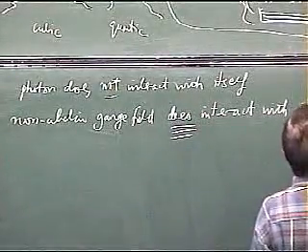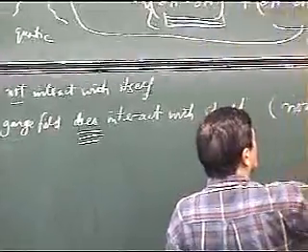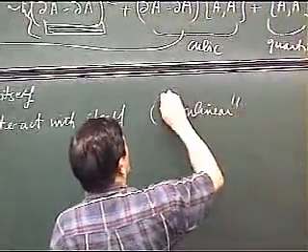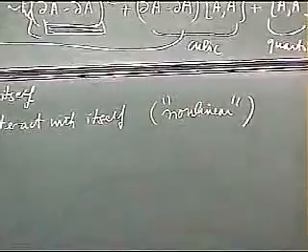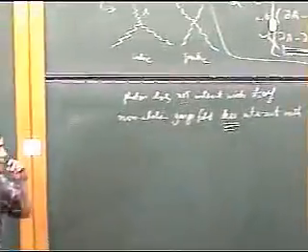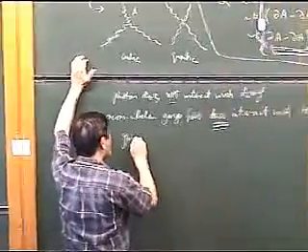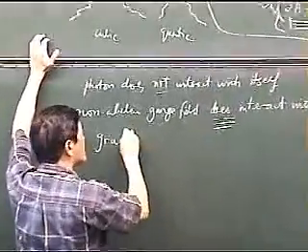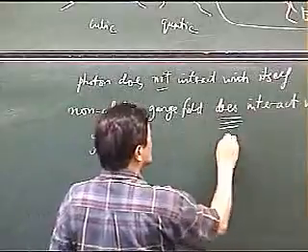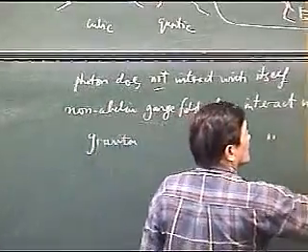So it's nonlinear, this is called nonlinear in the jargon. Okay? Now, as I said, there's a deep connection with gravity as well. So it turns out the graviton, the gravitational field, also interacts with itself.